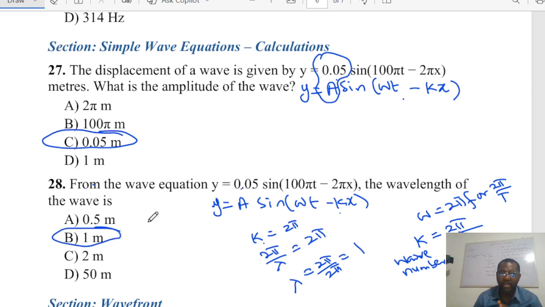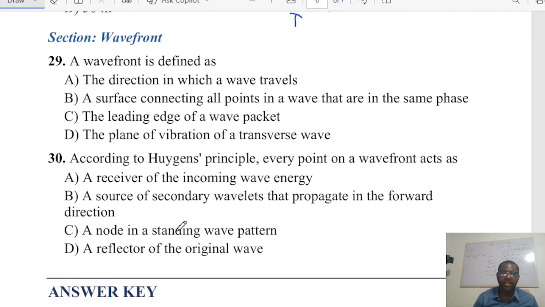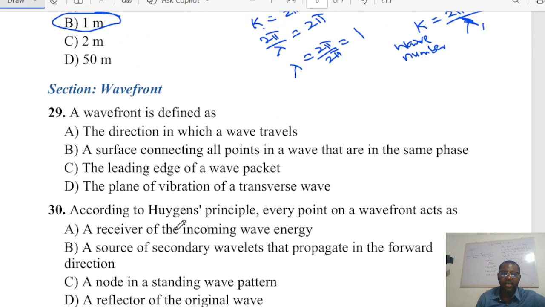Quite easy. Then the next one says a wavefront is defined as: a, the direction in which wave travels; b, a surface connecting all points in a wave that are in the same phase; c, leading edge of a wave packet; d, the plane of vibration of a transverse wave.